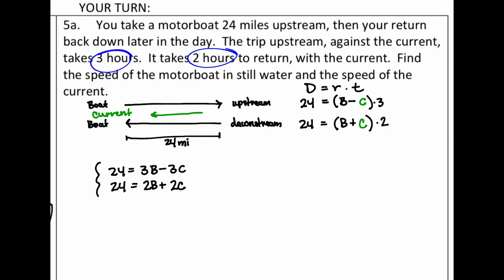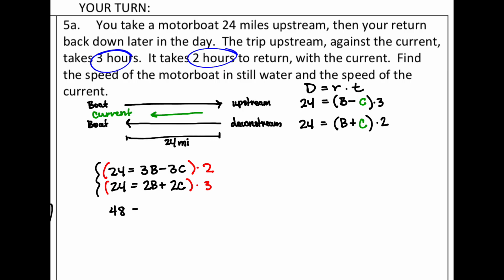Okay, and again, I'm going to use this part. I'm going to eliminate C because the signs are already opposite. But I'm going to have to times it by a 2 on the top and a 3 on the bottom in order to get a 6 on both of those, one positive, one negative.